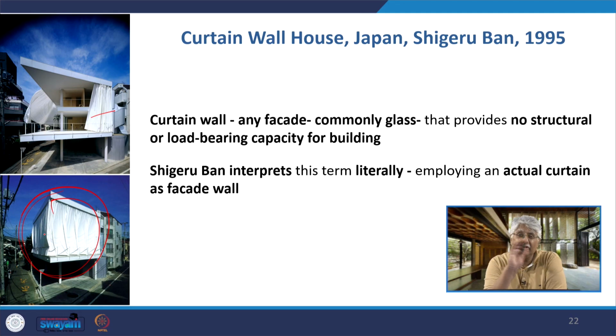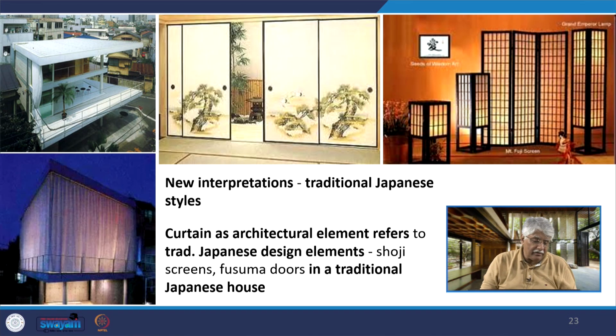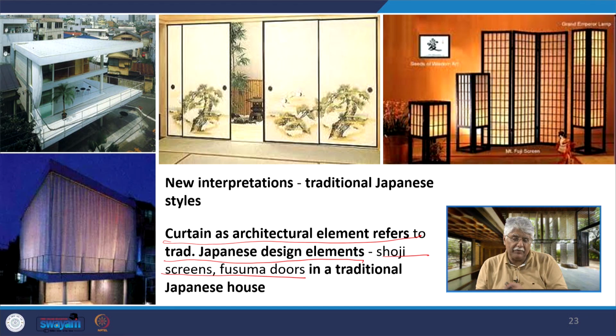So that was a limitation of the curtain wall, and the limitation is that once you have the glass facade, it remains usually closed. But here in this literal curtain wall, you can literally completely open it up also. Now the new interpretations of traditional Japanese styles we find here, the curtain as the architectural elements, as the Japanese refer to traditional elements like the shoji screen or the fusuma doors in traditional Japanese architecture.